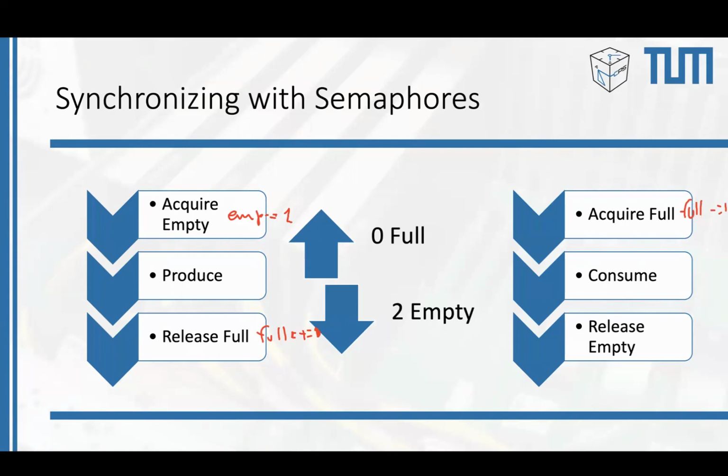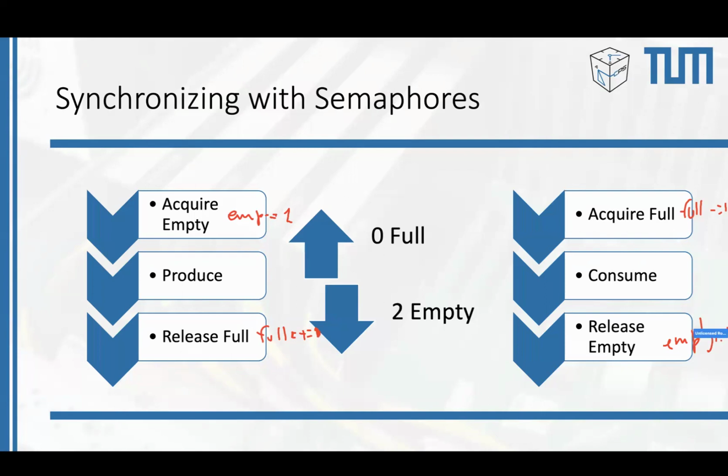So once the semaphore has been released by the producer, the consumer will acquire it, and will start consuming the first index. And then it will release an empty. So it means that empty is going to be += 1.